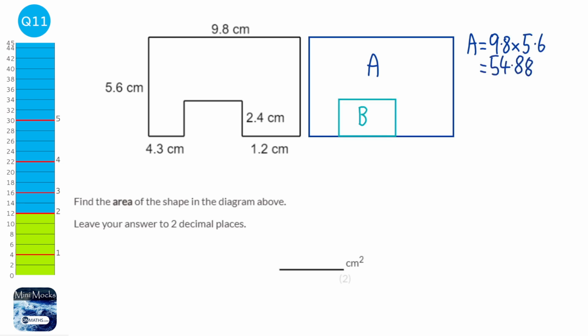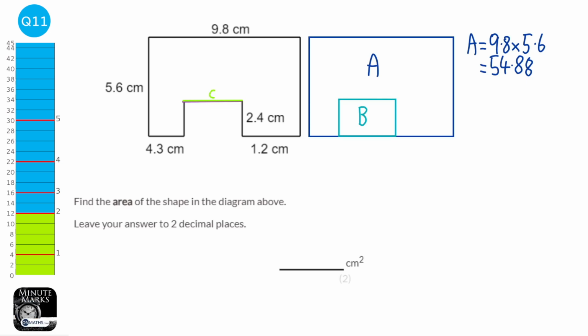54.88. Now to work out B, we actually have a bit missing. We need to work out what the length of this bit here is. So in fact, let's just choose a different colour just so it shows up a bit more, this length here. We'll call this C just to make things easier.